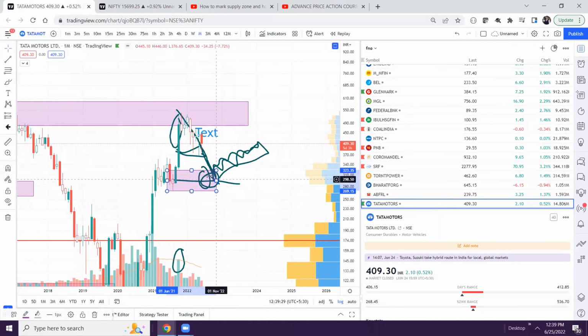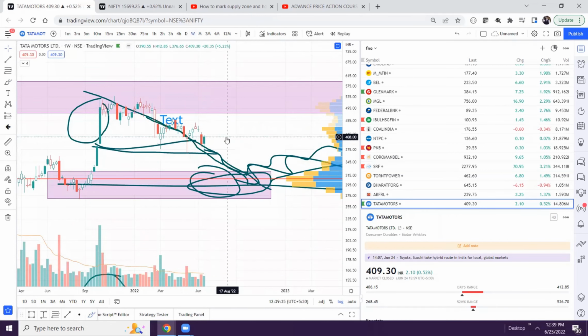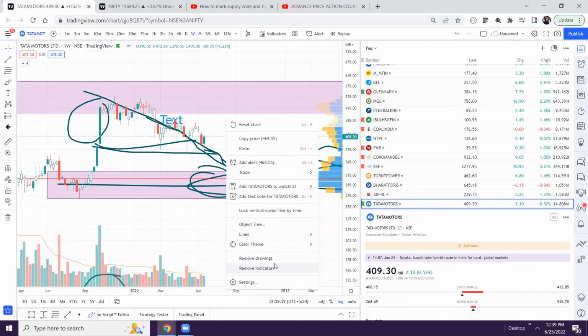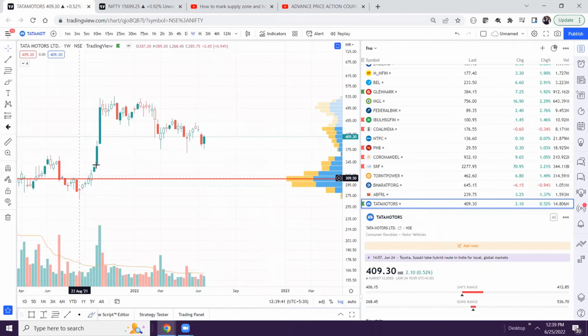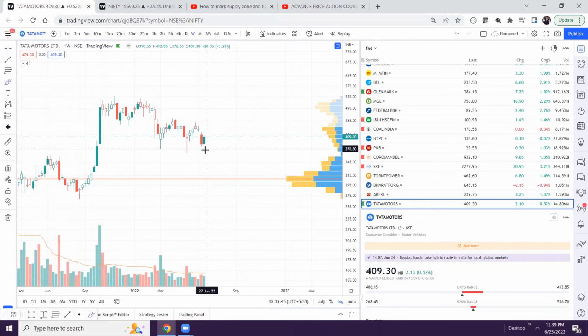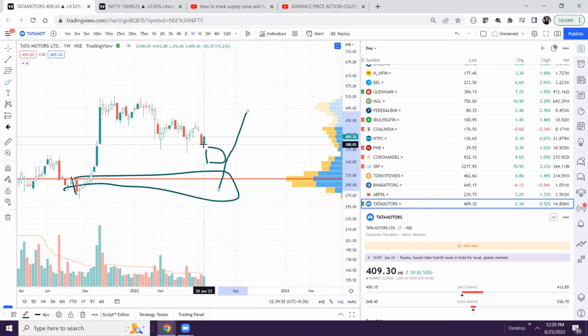If this gives an impulsive move, and suppose we go to weekly, let me clear everything. Suppose it makes a supply zone here, and when price reaches this demand zone, if it breaks this supply zone, then only can we say that now the demand is stronger than the supply.